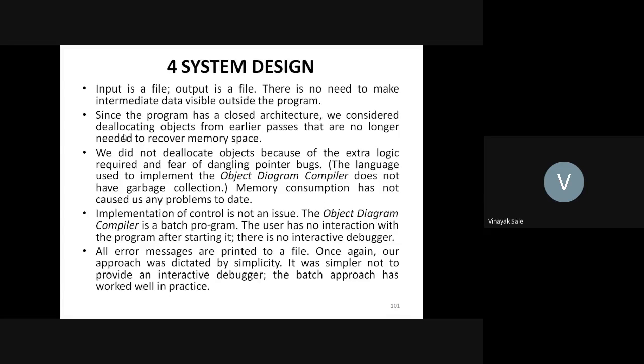Input is a file, output is also a file. There is no need to make intermediate data visible outside the program. Since the program has a closed architecture, we considered deallocating objects from earlier passes that are no longer needed to recover memory space.